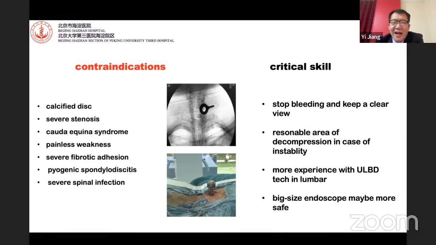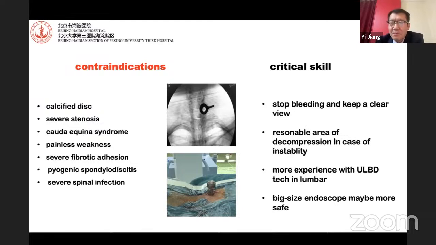In one of my cases, I found the vertebral artery, but I'm a lucky dog, so I didn't injure it. And you need more experience with the UBE technique from the lumbar spine. I like to choose the big-size endoscope with a throated design.